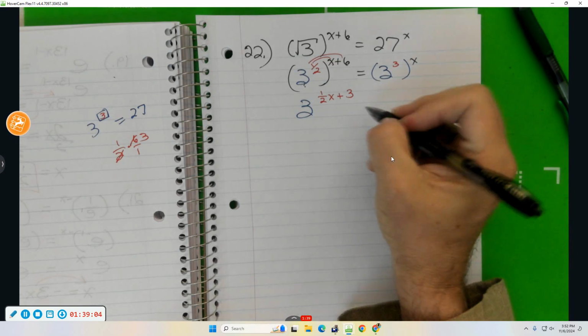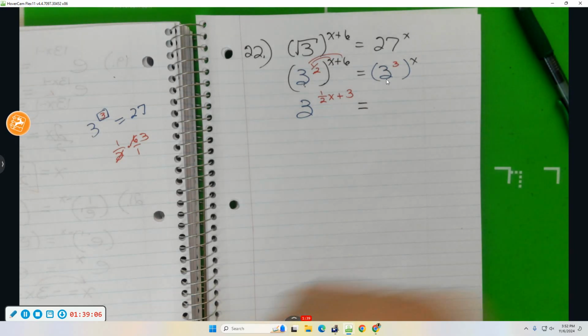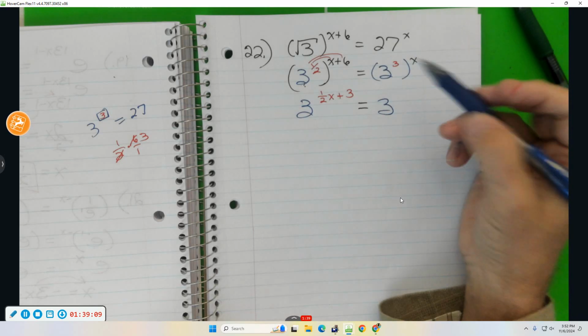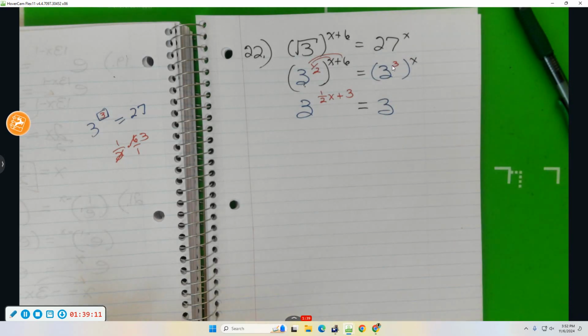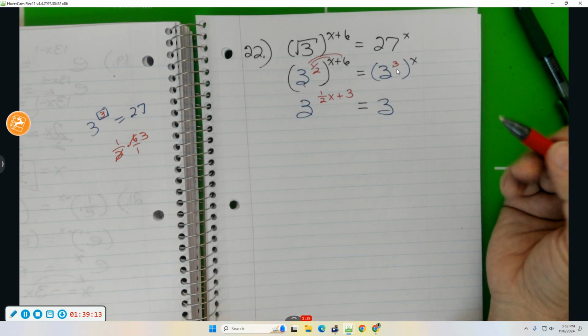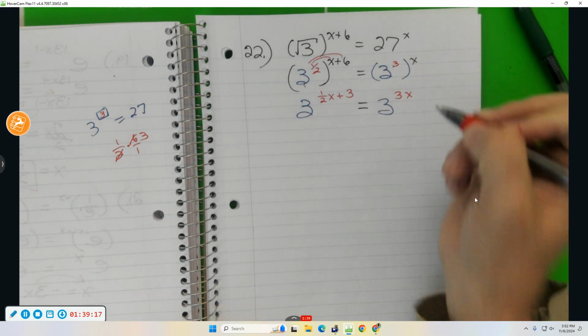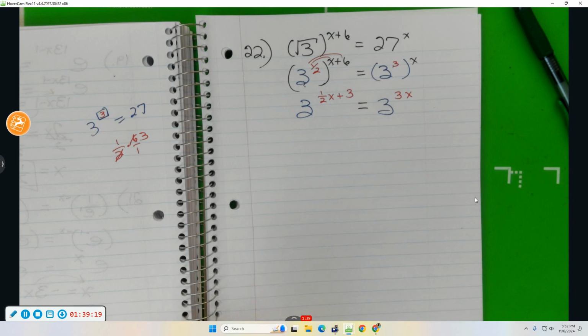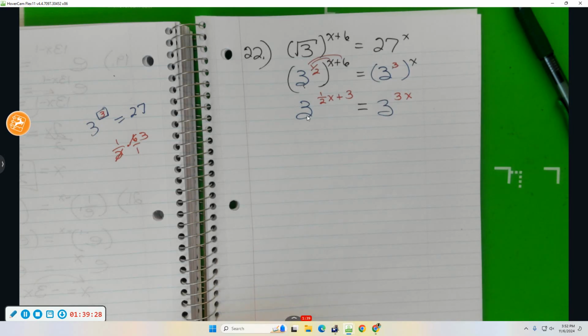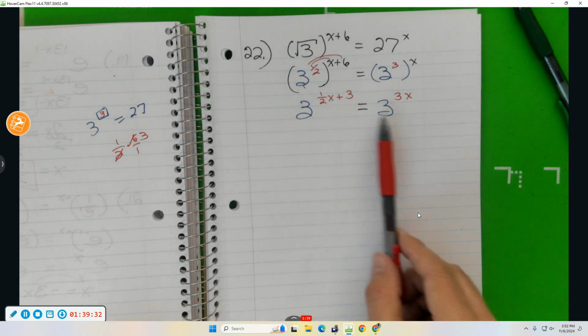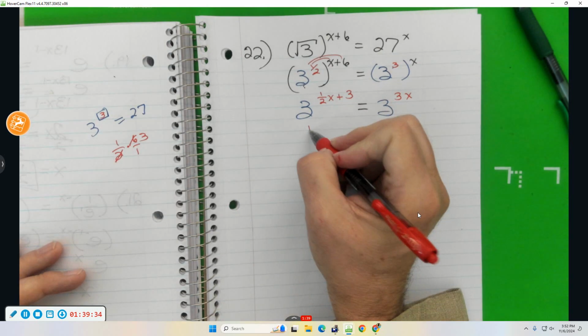What have we got on the right-hand side? We have a 3. Power raised to a power, what's the exponent? 3 times x is 3x. Any questions here? No? You have the same base on both sides without parentheses, so we drop the bases, set the exponents equal.